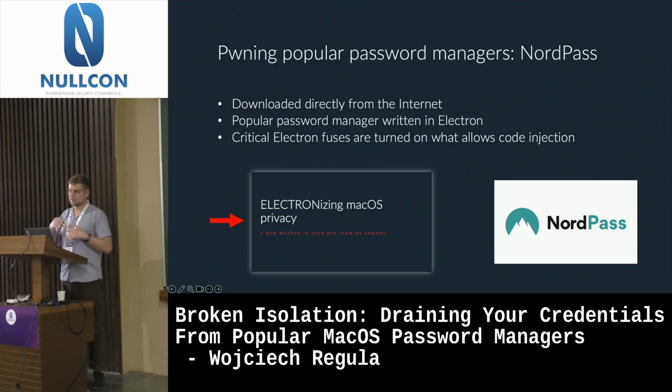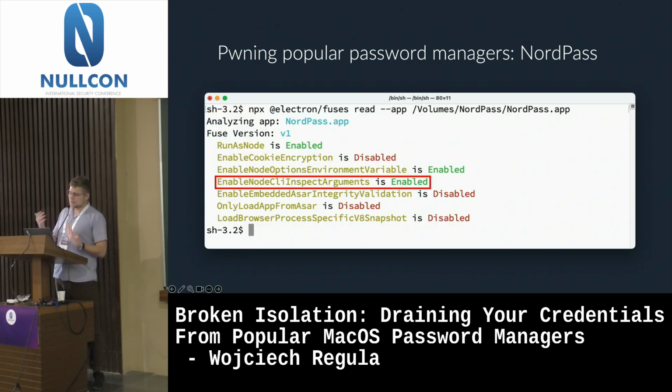So if you're interested in pwning Electron applications, I created an open source tool for that. You can see it in my DEF CON talk, Electronizing macOS Privacy, which is available online. So how to see the Electron fuses?